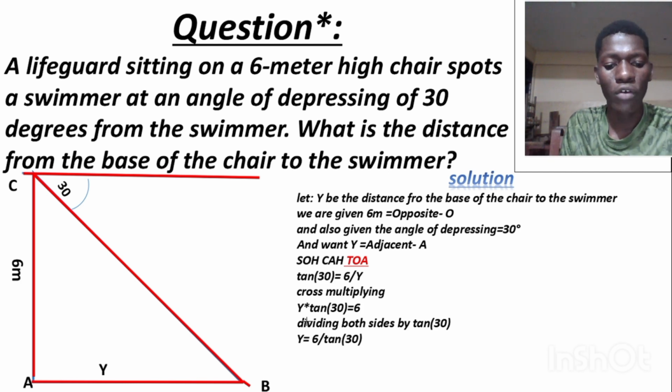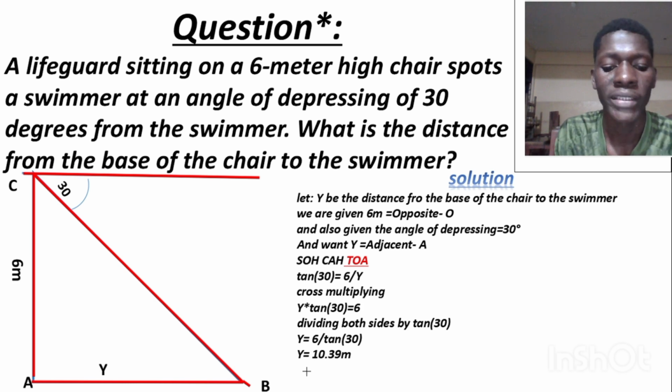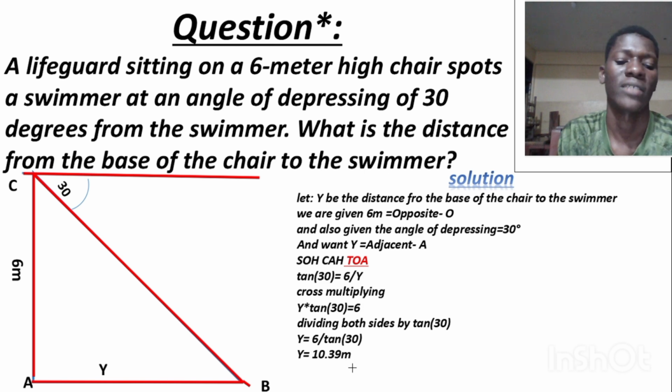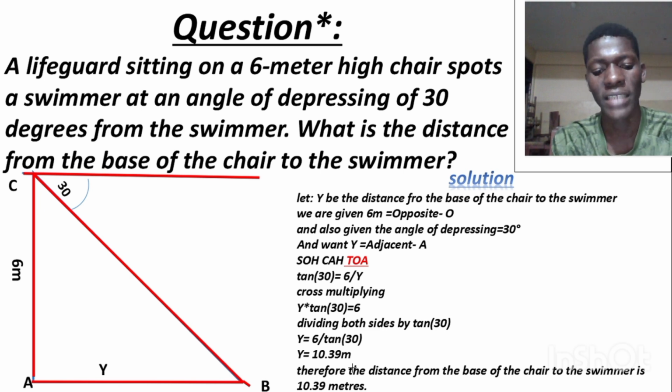So y should be equal to 6 over tan 30. In our calculator, we get that y is equal to 10.39 meters. So therefore, the distance from the base of the chair to the swimmer is 10.39 meters.